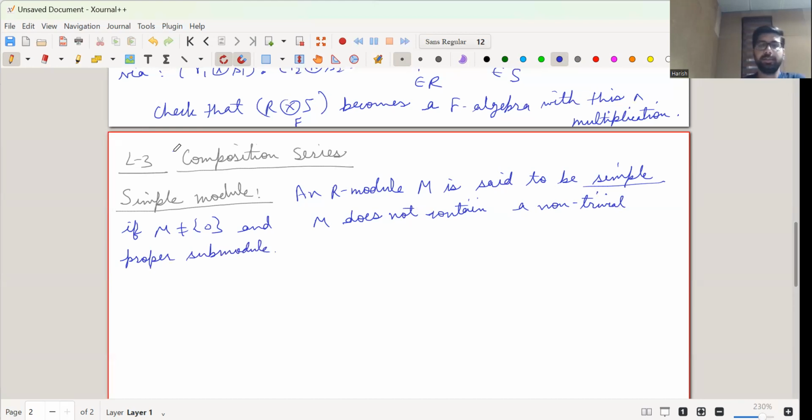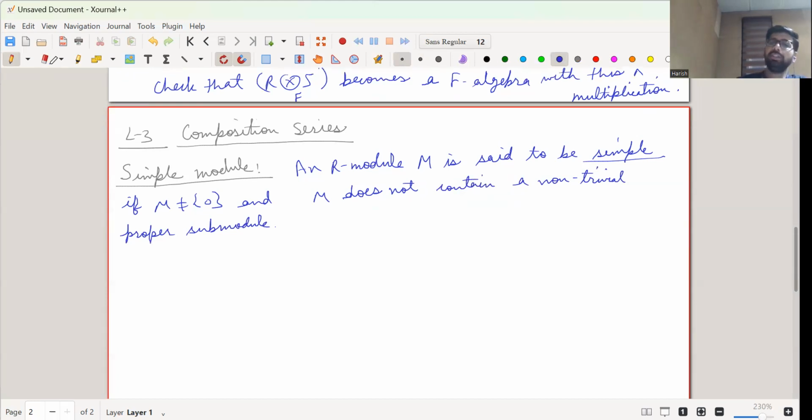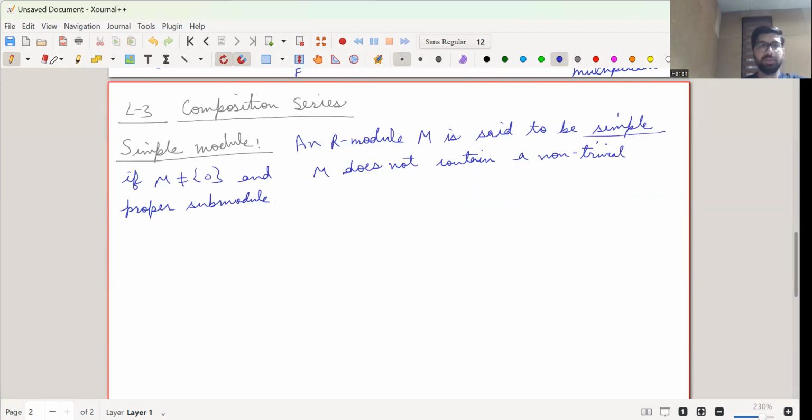If it does not contain a non-zero proper submodule, then we say that it's a simple module. Submodule means a subset of the original module which is a module in itself. We have already seen this definition.